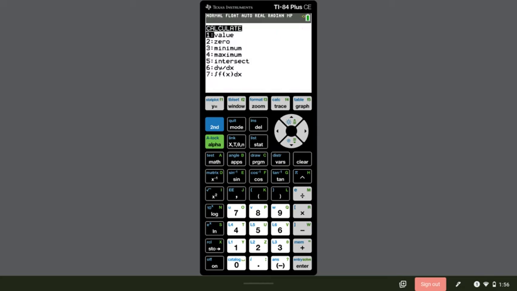So I do second trace, and I'm looking for the intersection, which is option 5. Enter, enter, and I'm close to the one. So that is (0, 6). That's one solution check. I then do second trace again, option 5, enter, enter, and now I need to move it by using my left arrow till I'm close to the other point, enter, and that is (-2, 2). So it does check.